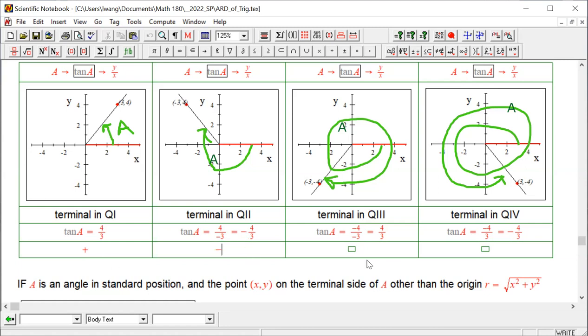In the third quadrant, negative divided by negative is going to be positive. In the fourth quadrant, tangent is negative divided by positive, so it's going to be negative. So that's tangent. How about cotangent?